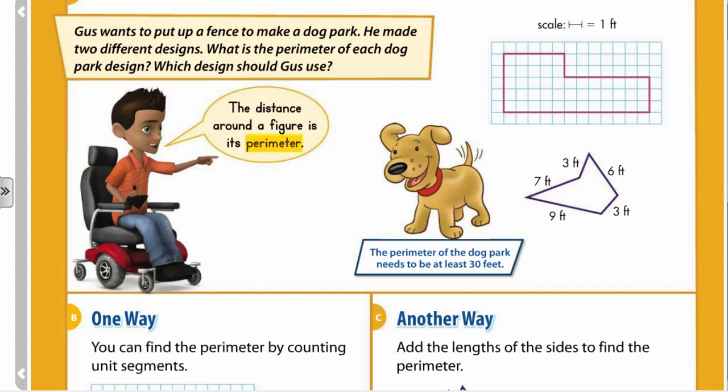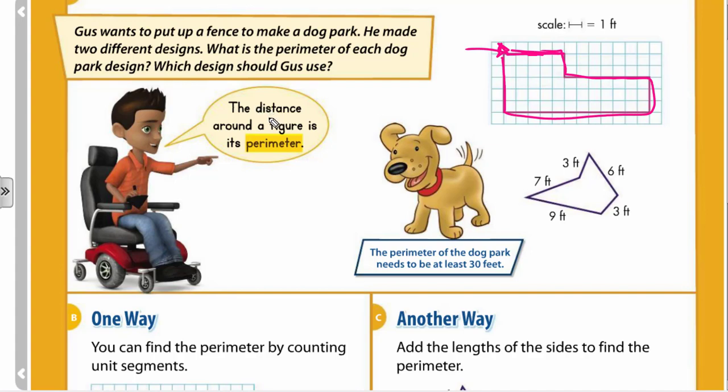So you say that this line, the red line here, is the perimeter. Yes, that's right. Great work, thank you. I like your answer.